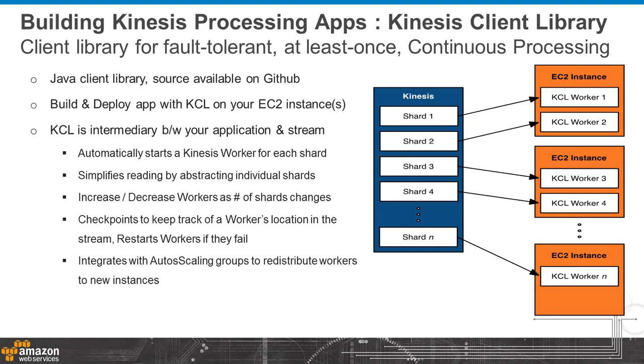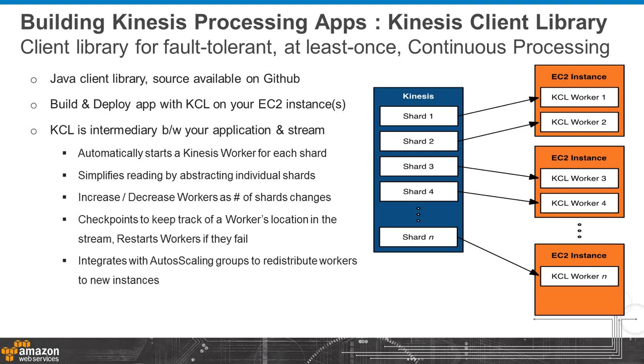Additionally, the developer can configure checkpoints as part of the client library that it will maintain in a shard management table in the background to keep track of where any given worker was in processing a given shard. If a worker fails, it gets restarted and the data in the shard is replayed into that worker.